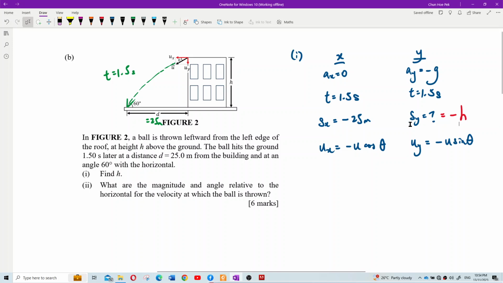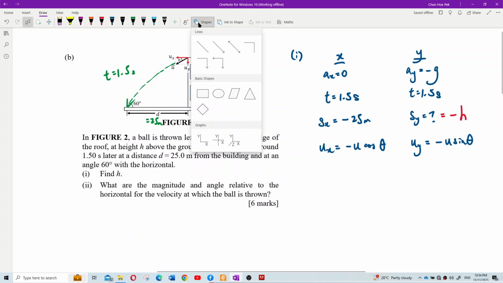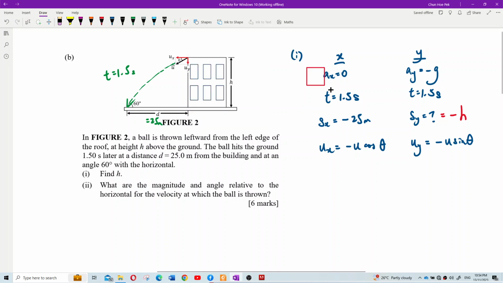So find SY, class. Right now I have this information. See that for X I have quite a lot of information. So this may help us to find U, I think. I have three pieces of information here, I can find the fourth one. Okay, let's do it.